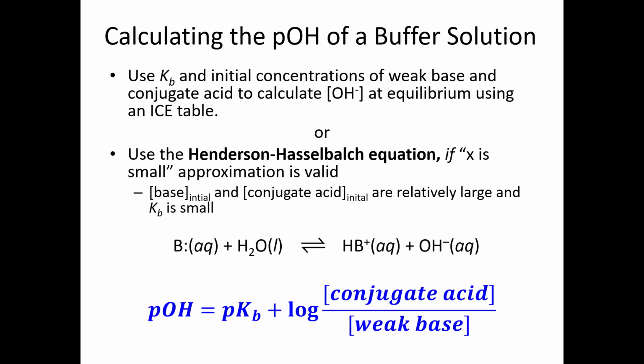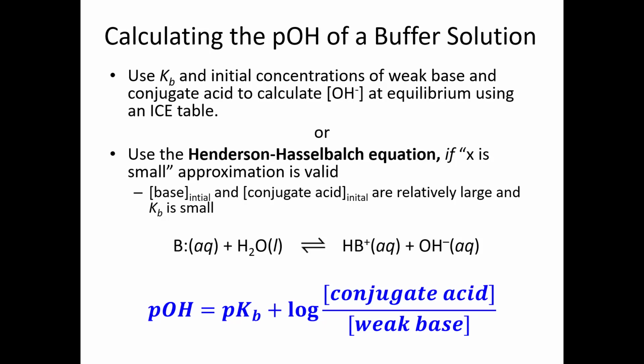This is insanely helpful so that you don't have to rearrange equations, convert Kbs to Kas, and do the equation. Just do this version of the Henderson-Hasselbalch equation where you calculate pOH using this, where you know the pKb, or you can calculate the pKb using the negative log of the Kb. And then you have the concentrations of your conjugate acid divided by the concentration of your weak base. Take the log of that, bang, boom, you've got the pOH.